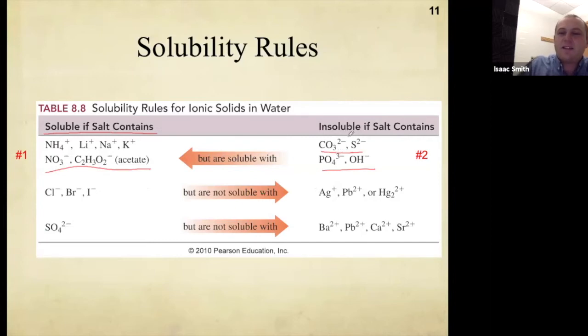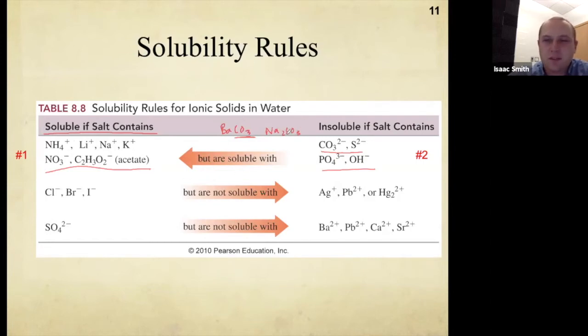Salts are insoluble if they contain any of these four anions, unless one of these four anions is paired with one of these cations. So, if you had something like barium carbonate, that would be insoluble because it contains carbonate. But if you had sodium carbonate, that is soluble, because these insoluble anions are only soluble with these four cations.